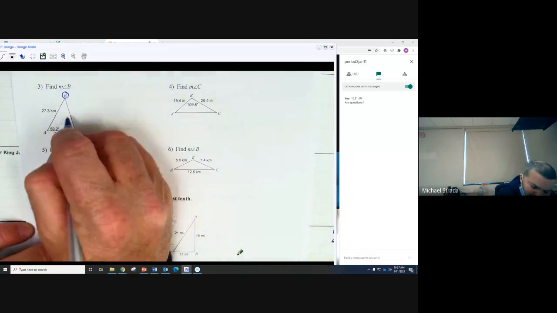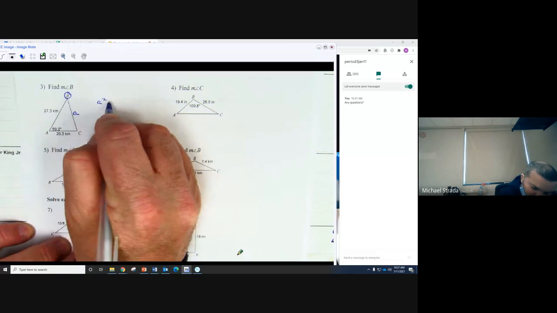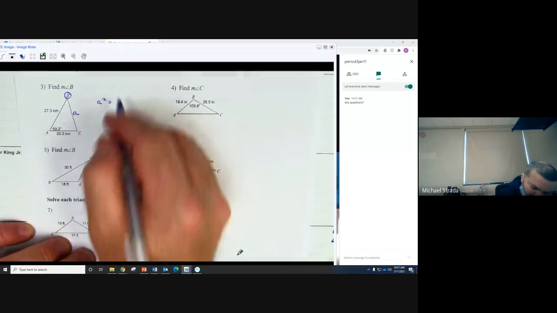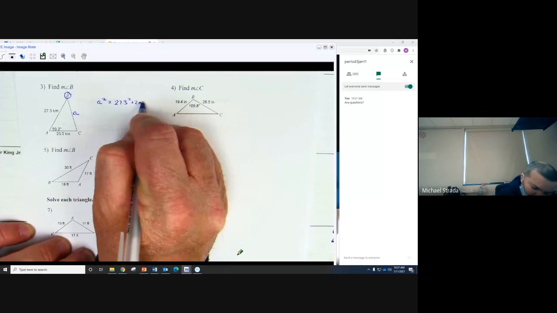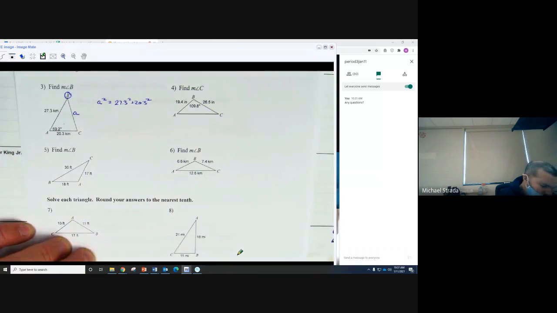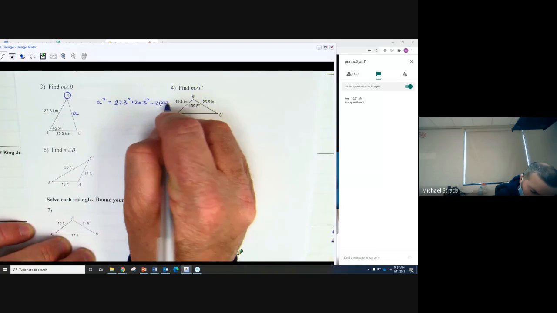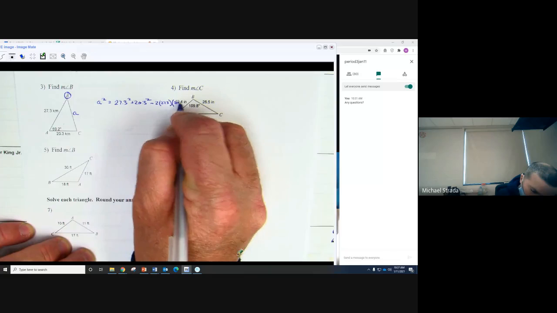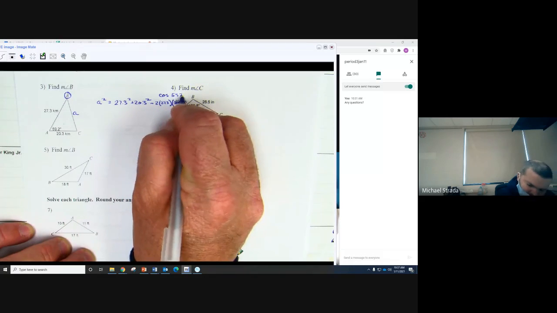So in other words, little a, which is here, means a squared equals two sides they give me, 27.3 squared plus 20.3 squared minus 2 times 27.3, 20.3 cosine of 59.2.